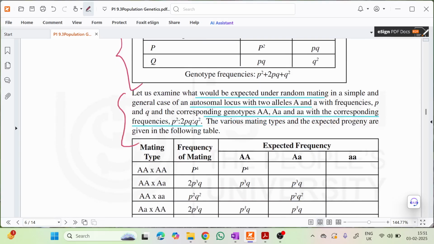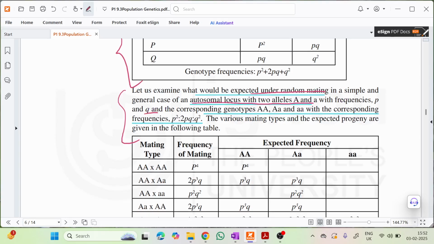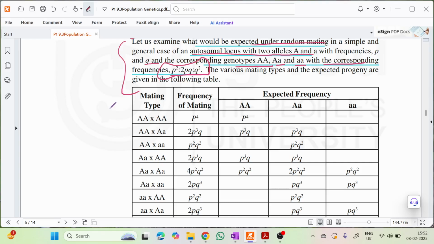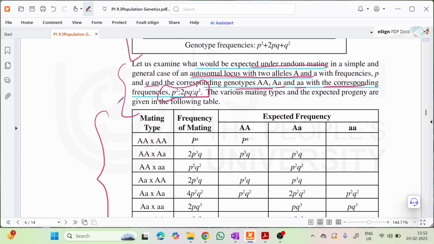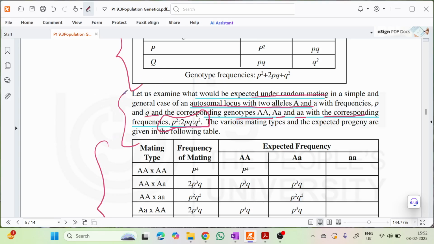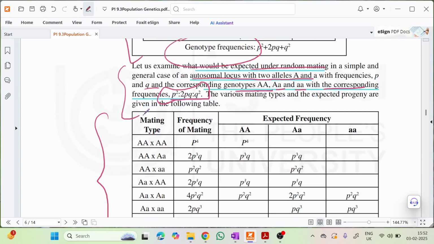So let us examine what would be expected under random mating in a simple and general case of autosomal locus with two alleles A and a with frequency P and Q and corresponding genotypes AA, heterozygous Aa, homozygous aa, with the corresponding frequency, this one. So again, this has expanded the same diagram. There is the same Punnett square, and same frequency estimation to the third generation.